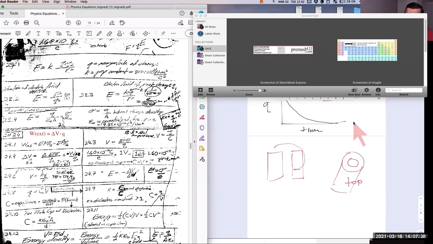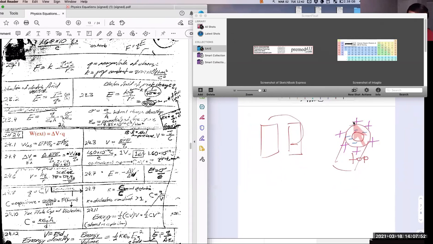What happens is if this is the positive plate, it'll do this. And then if this is the negative plate, it will do this. And then the electric field lines, if we kind of make it larger, from positive to negative will do that.